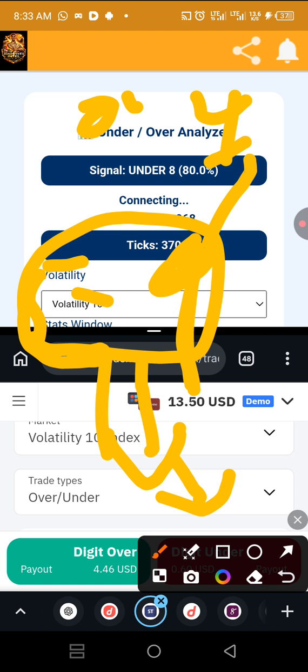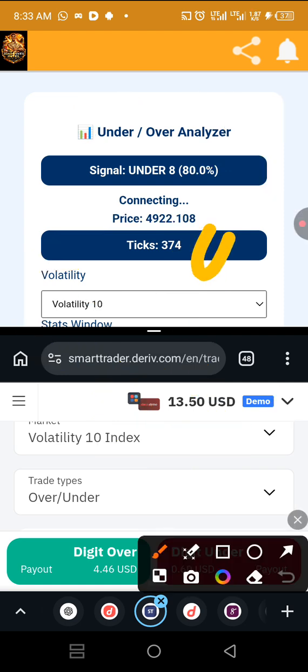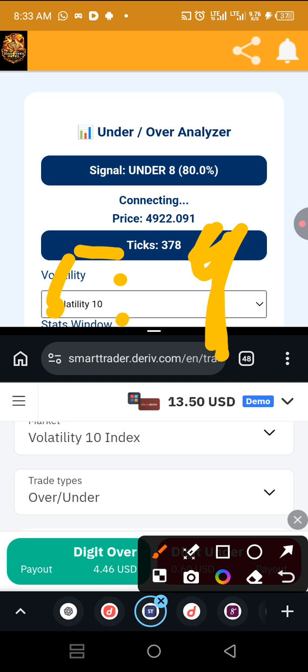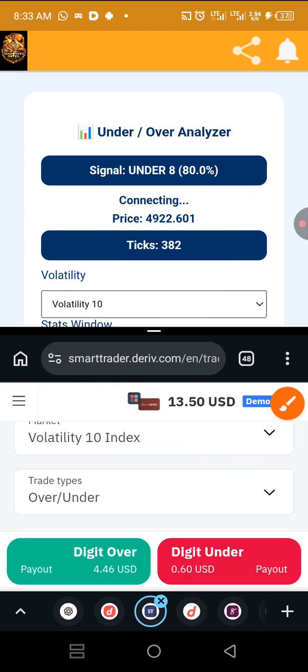You have to see that the market is buying and you want to buy. You have to see that the market is selling and you want to sell. I don't know if you understand. So that is why we can't say that because we are trading under it, then once 9 appear, number between 5 to 9, you must see it. So let's say we now see 6, let's say you want to purchase under. It might still go back to 9 because it's still within the same range. So that's the principle. Alright, so that's for under and over analysis.